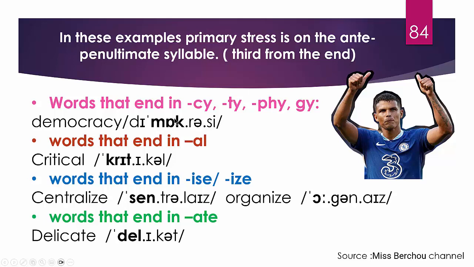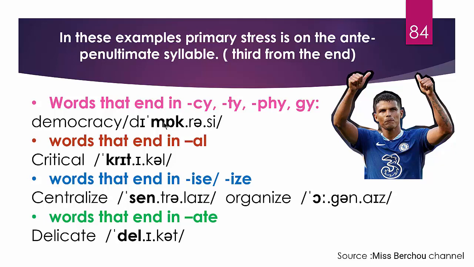Words that end in C, T, F, G, like democracy, geography, philosophy, photography. So we count from the end 3 and put the primary stress on it. Okay? So 1, 2, 3.